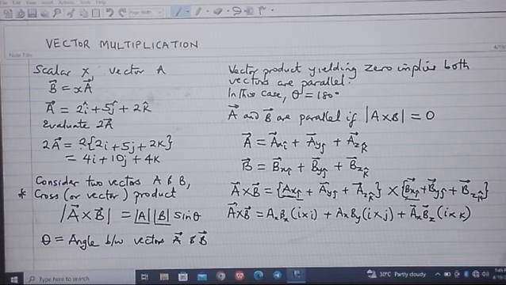We move on to the next one, plus AYBX into j cross i. You put it exactly how it appears. Since we are multiplying every term here, this unit vector appears first before the unit vector here.